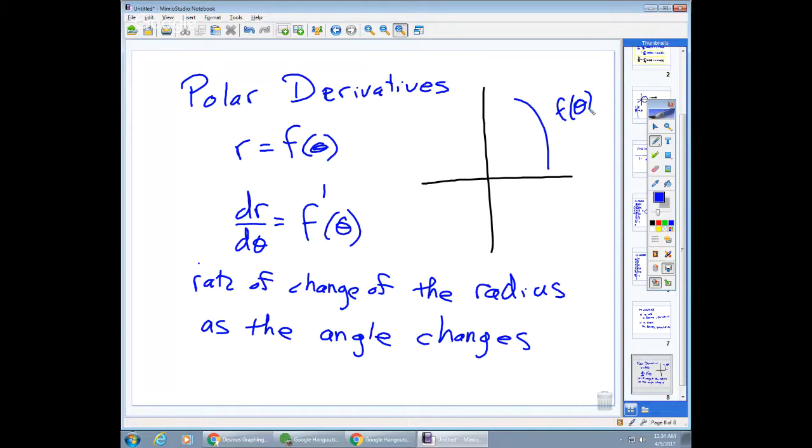So we're changing the angle, which forces the radius to change, which means we're moving from some point right there to some point right there. Some angle theta led to that, some other angle theta led to that, and I have my radii. The angle in between is what we'd usually call delta theta. So instead of a delta x here, we have a delta theta.